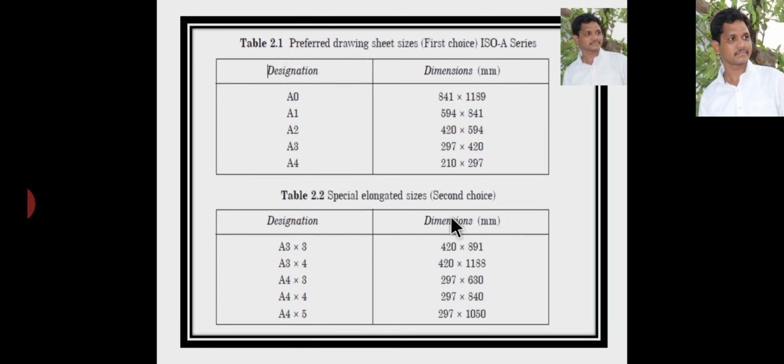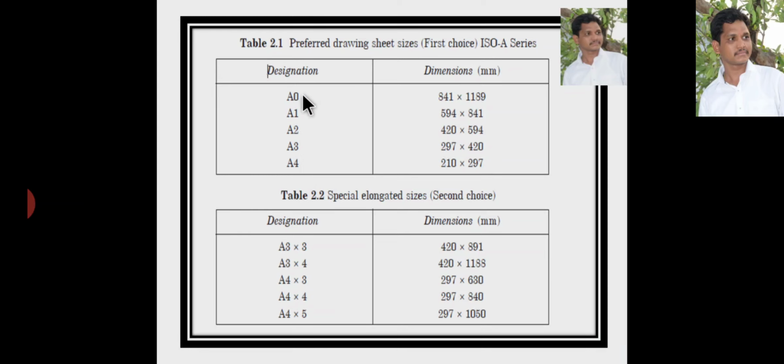Okay, these are the preferred drawing sheet sizes. Now these are the first choice. Now these are the second choice. Here the drawing sheet sizes are designated by A0, A1, A2, A3, A4.